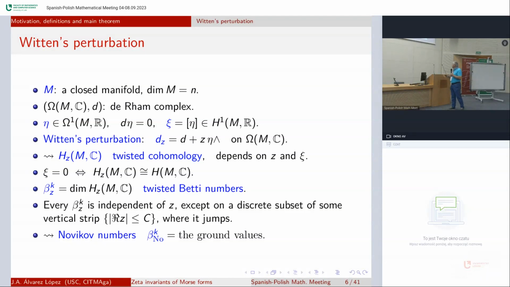But then we have the other values, which are the generic values, and they are called Novikov numbers.